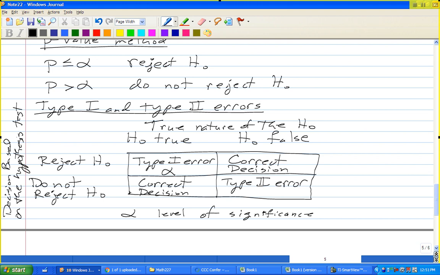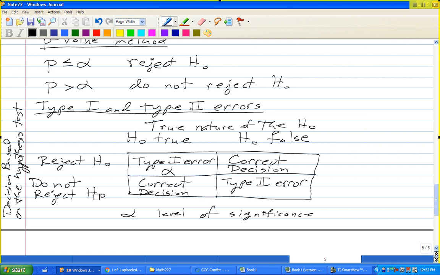Suppose that your null hypothesis is guilty. And so the null hypothesis is really false. So you have a null hypothesis that has actually committed the crime. However, he goes to trial and they do not reject the null hypothesis. They do not find that he's guilty.